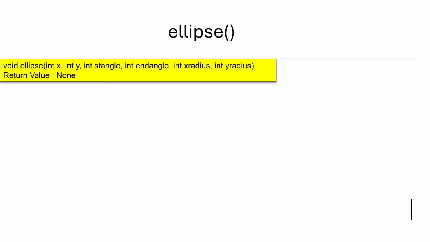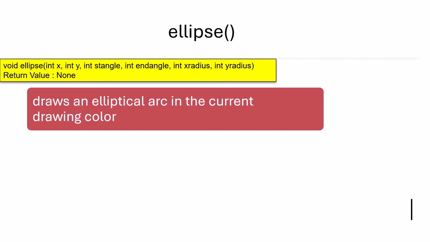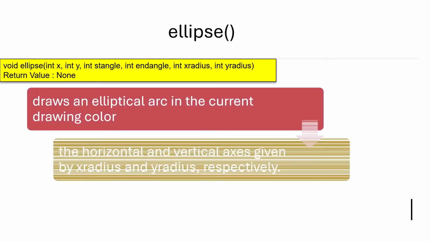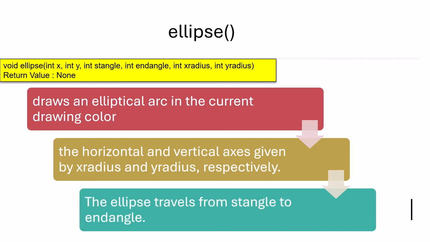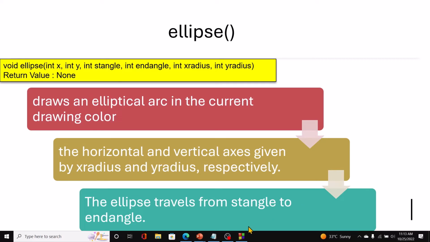And we have a horizontal axis as well as the vertical axis. Okay. Draws an elliptical arc in the current drawing color. The horizontal and vertical axes are given by x radius and y radius respectively. The ellipse travels from start angle or ST angle to end angle. Okay. Now going back to CodeBlocks.